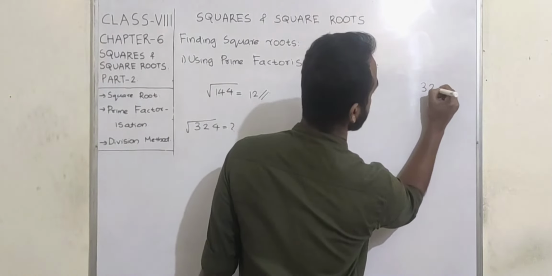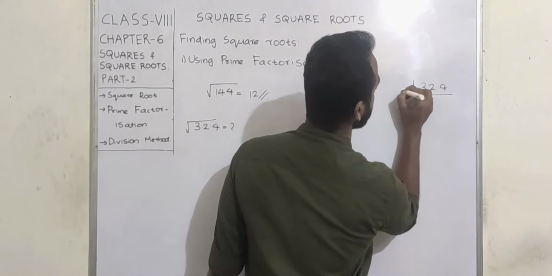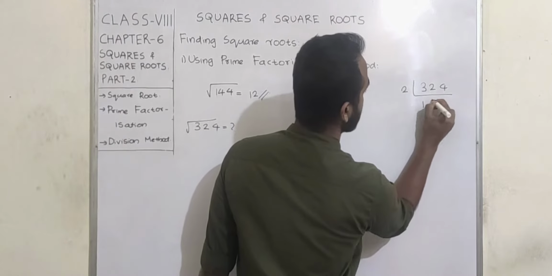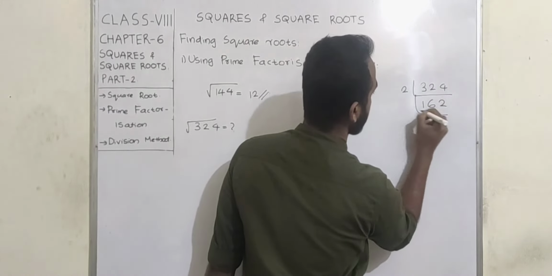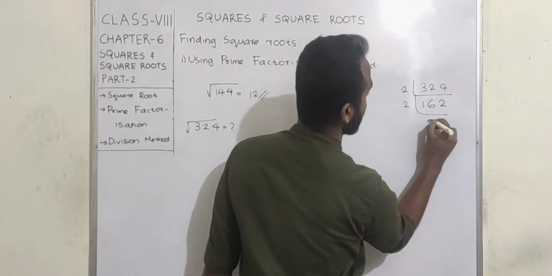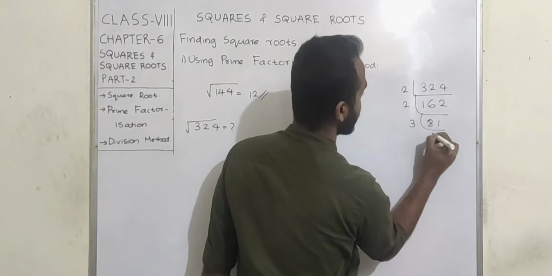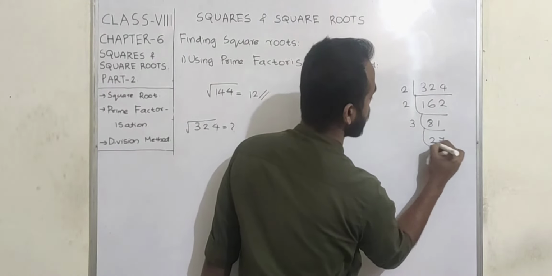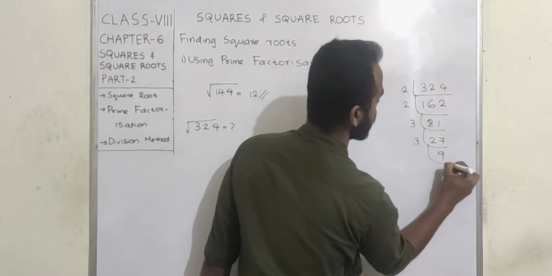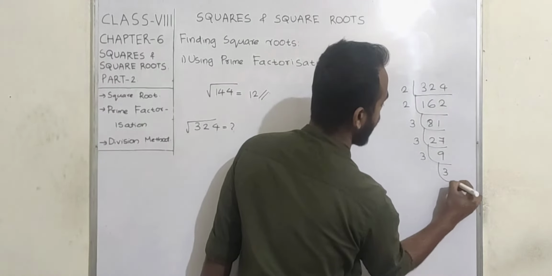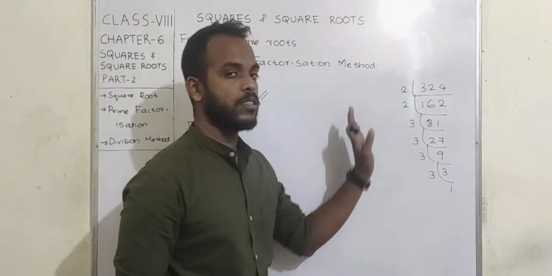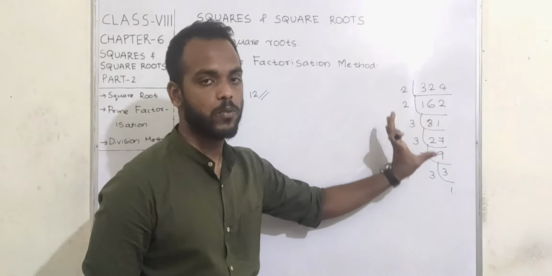Write 324 over here. Divide by 2, that is 162. Again using 2, it will give us 81. Then 3 can be used, 27. Then another 3, then 3, 3 and 3. I hope this process is comfortable for you since it's a basic one.